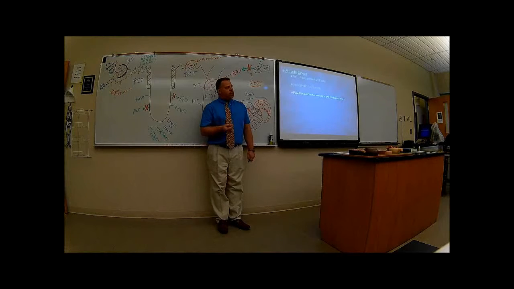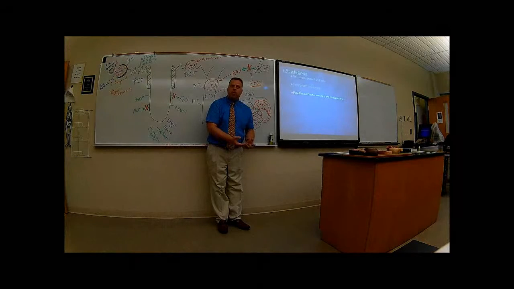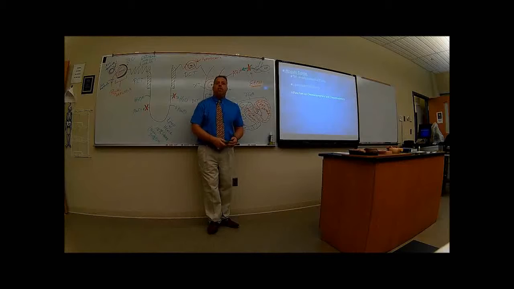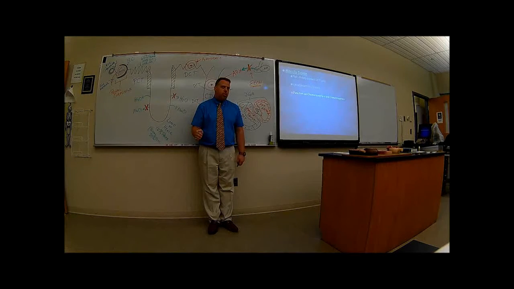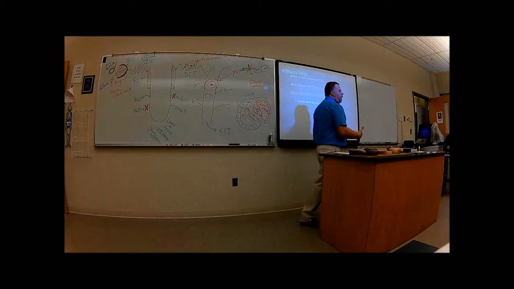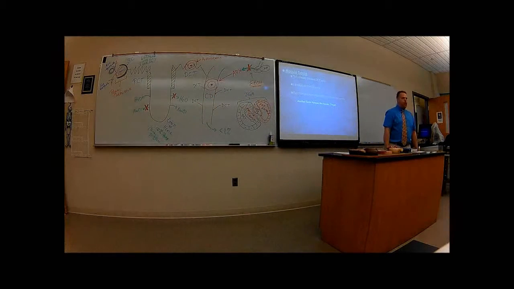So the macula densa acts as a chemoreceptor. It's going to sense a certain chemical, and it acts as an osmoreceptor, which is going to sense a certain concentration. As opposed to the JG cells, which act as mechanical receptors, or baroreceptors. They sense pressure. Okay? So here's another way that renin can be released.